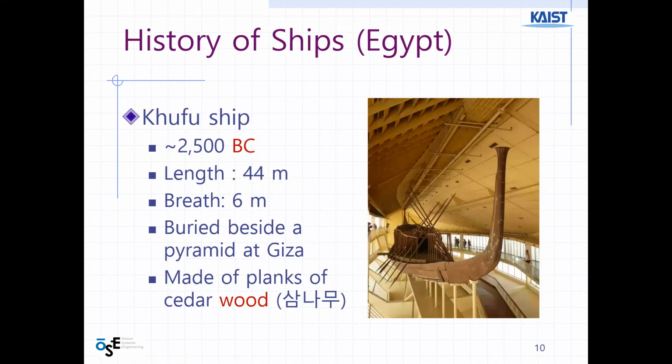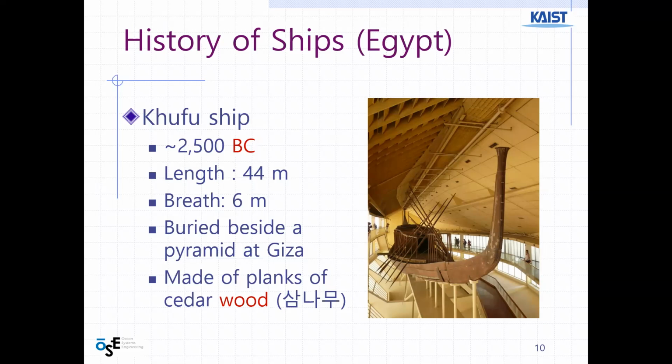Right? So history. This is from Egypt, more than 25 BC, so it's 4,100 years ago. 4,000 years ago there was already a ship, with length, radius, and it is near the pyramid.